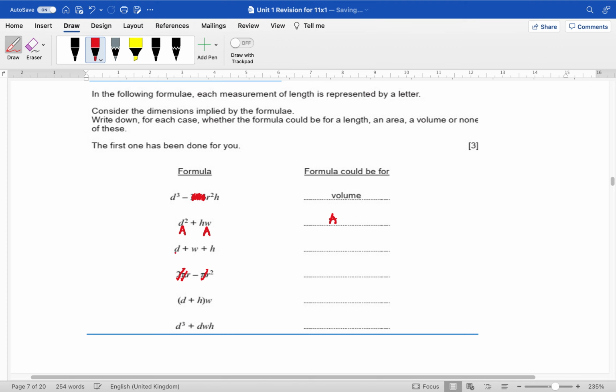Write it in full though. D is a length, w is a length, h is a length, so that's a length. R is a length, but r squared is an area, so that's a mishmash, so it's nothing. Expand the brackets here, dw plus hw, both areas. D cubed is a volume, dwh is a volume, so that's a volume.